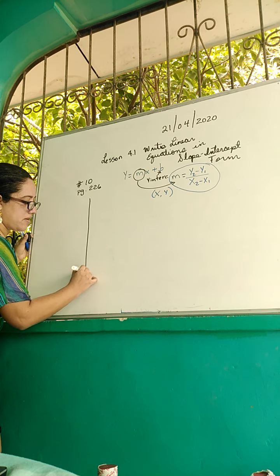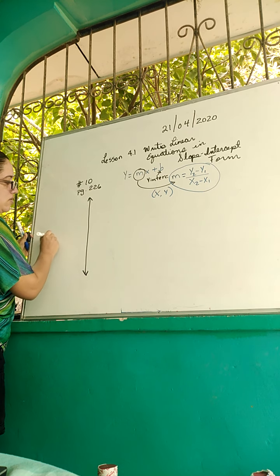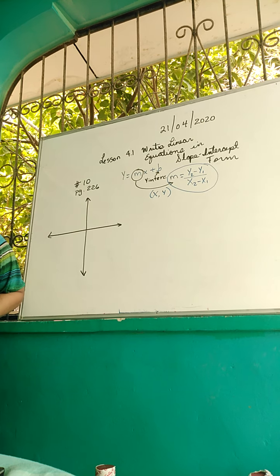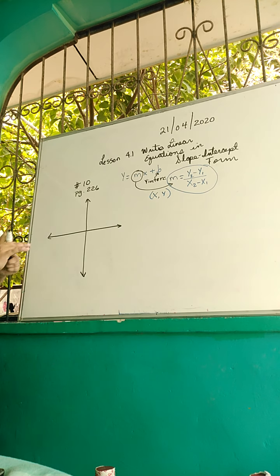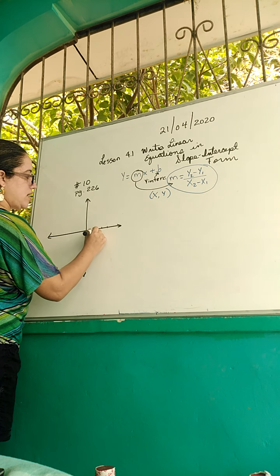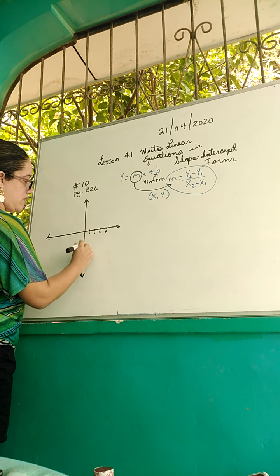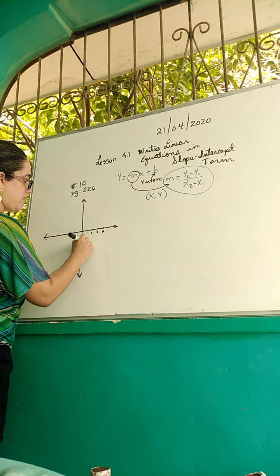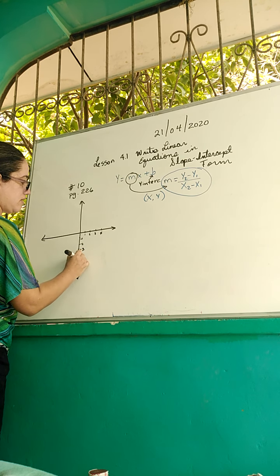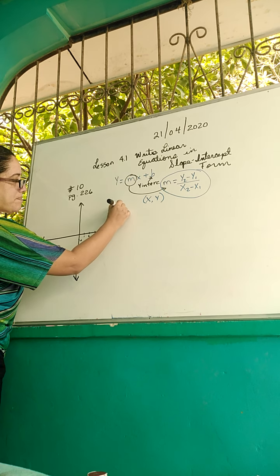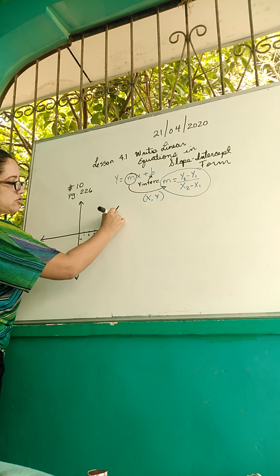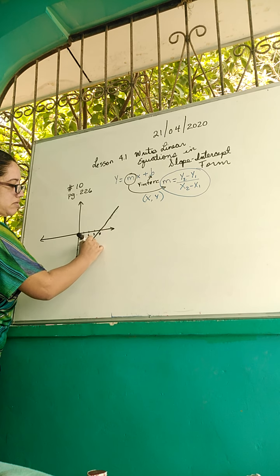Let's do this. Let me see, what does it say? It passes through the 4 and the 4. Okay, 1, 2, 3, 4, and negative 1, negative 2, negative 3, and negative 4. So we have a line that passes. I'm sorry, remember I always use my ruler, but I don't have it with me.